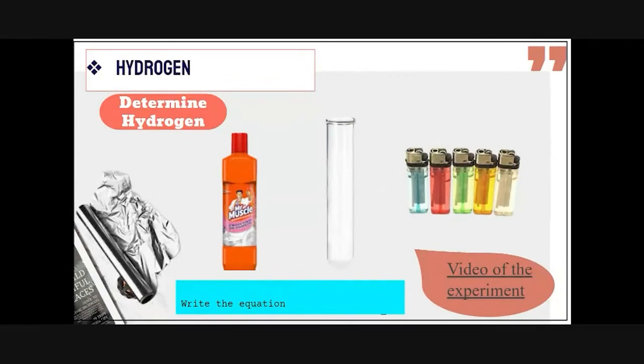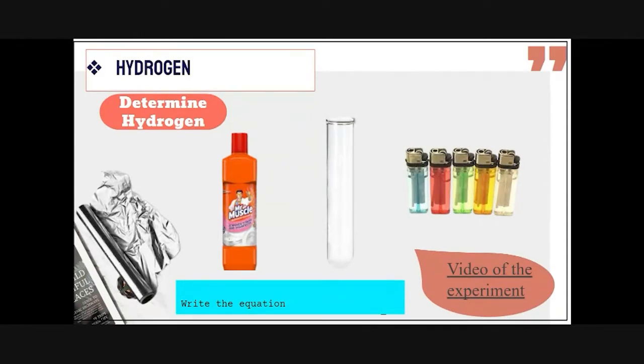So the first experiment that I saw before, the lady just identified the presence of hydrogen but did not tell us what reaction she made.